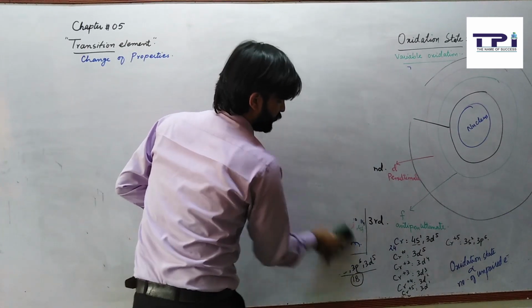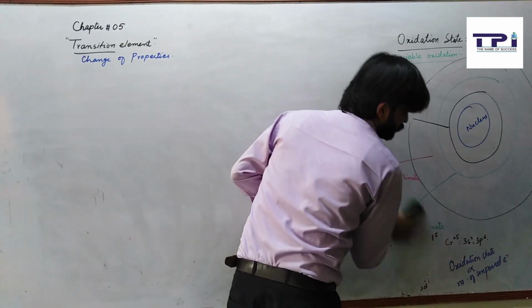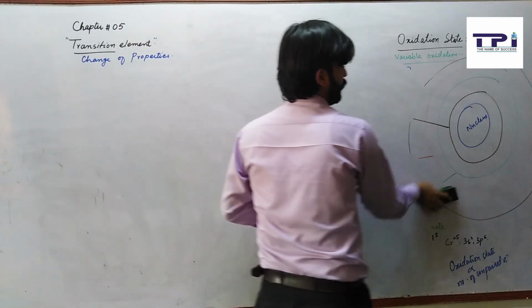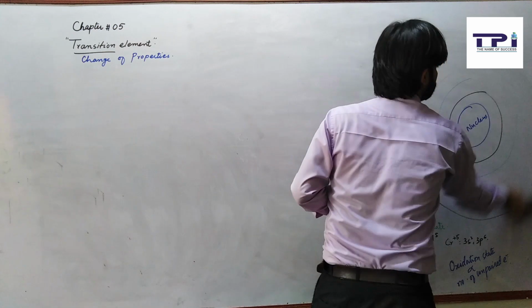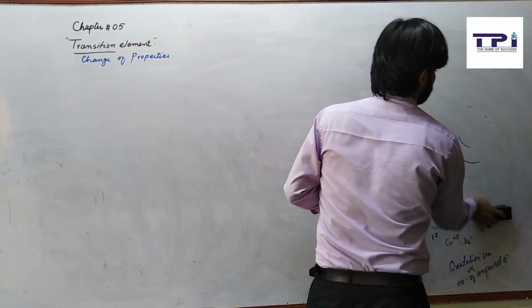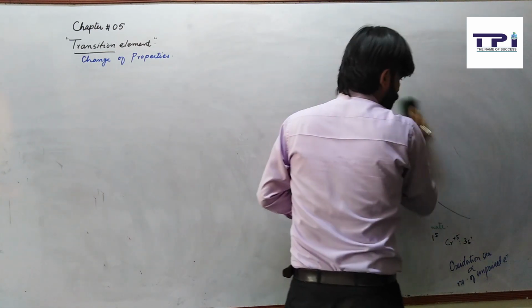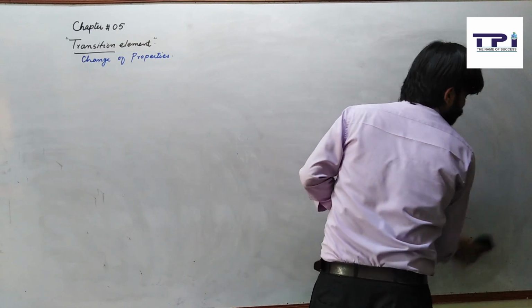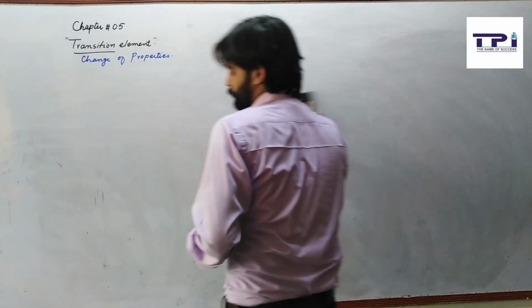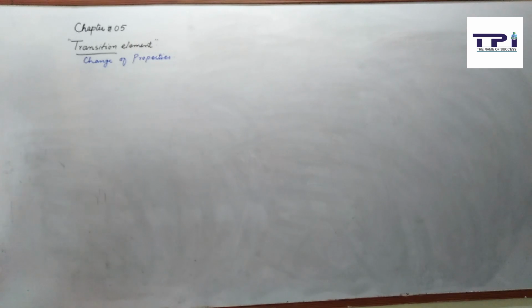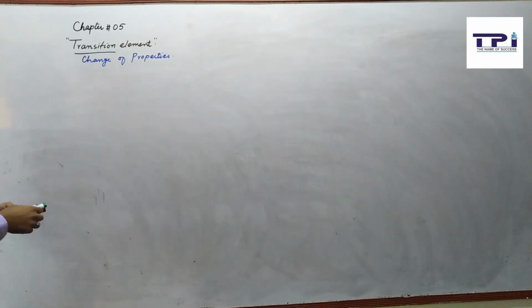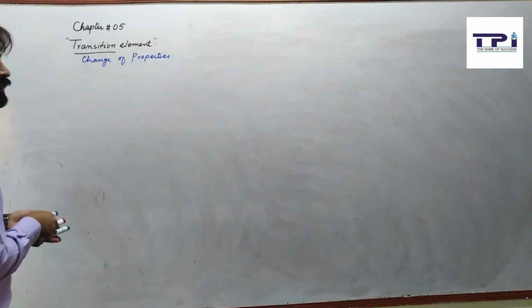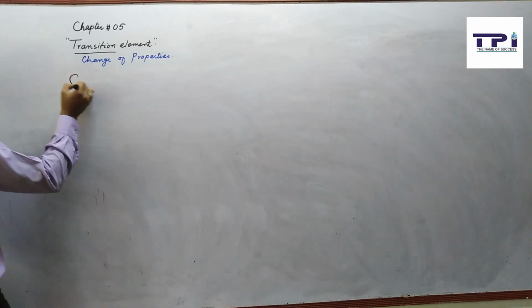After oxidation state, we have another important topic which is named color. For color, I will recommend you to study chapter number 3, first year chemistry, atomic structure, spectrum topic. Color.